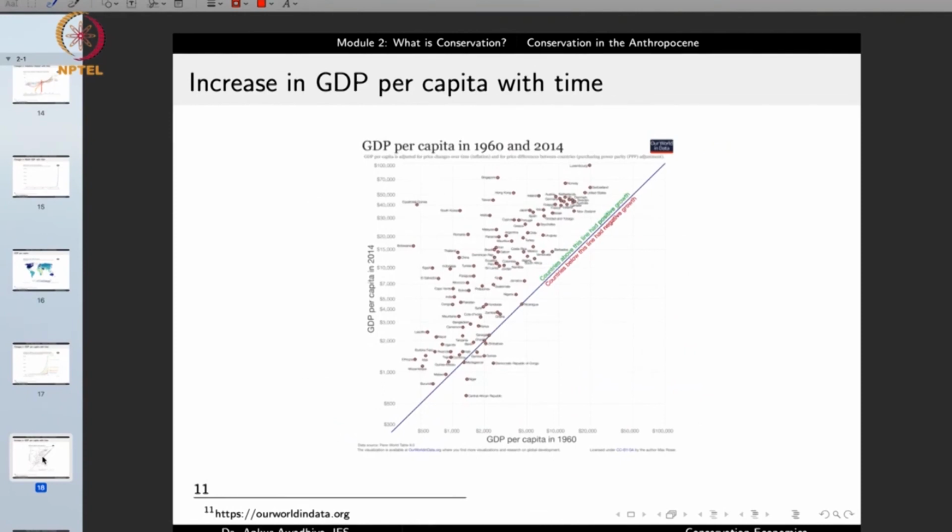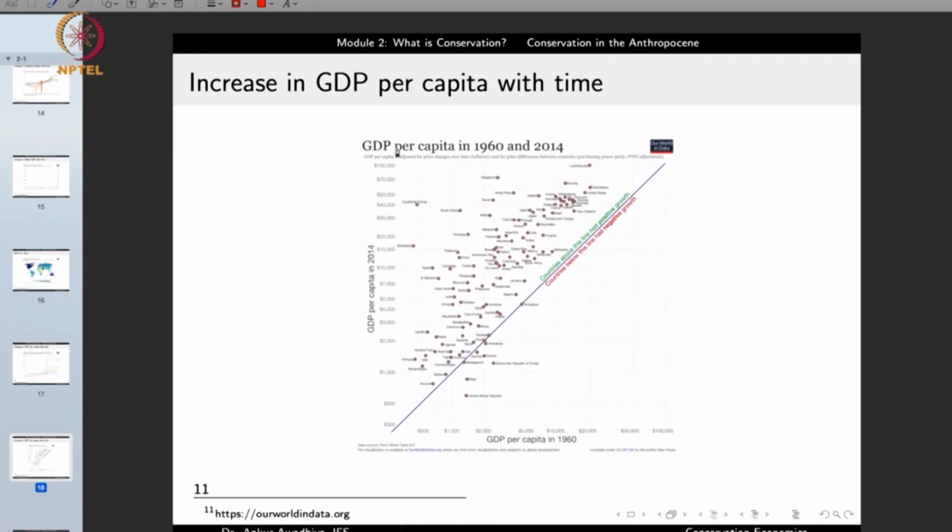Now, let us observe what is happening in terms of GDP per capita if we consider two different time periods. So, in this curve, the GDP per capita in 1960 is represented on the x-axis, and the GDP per capita in 2014 is represented on the y-axis.